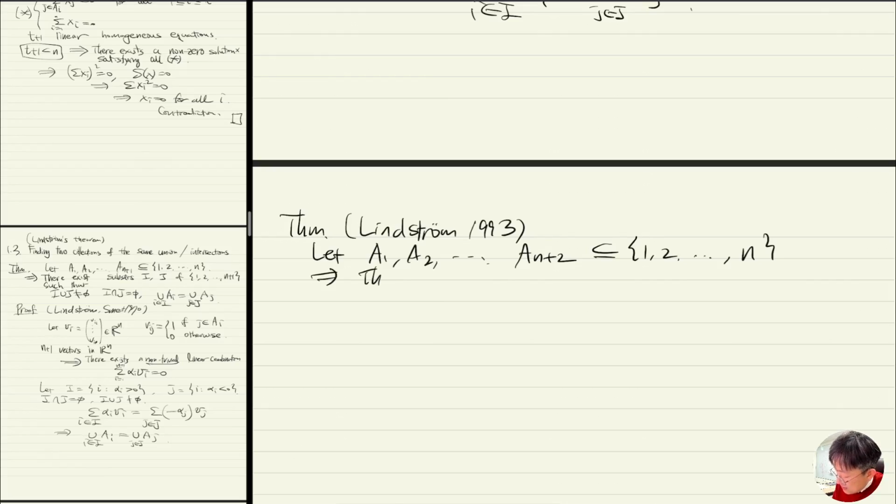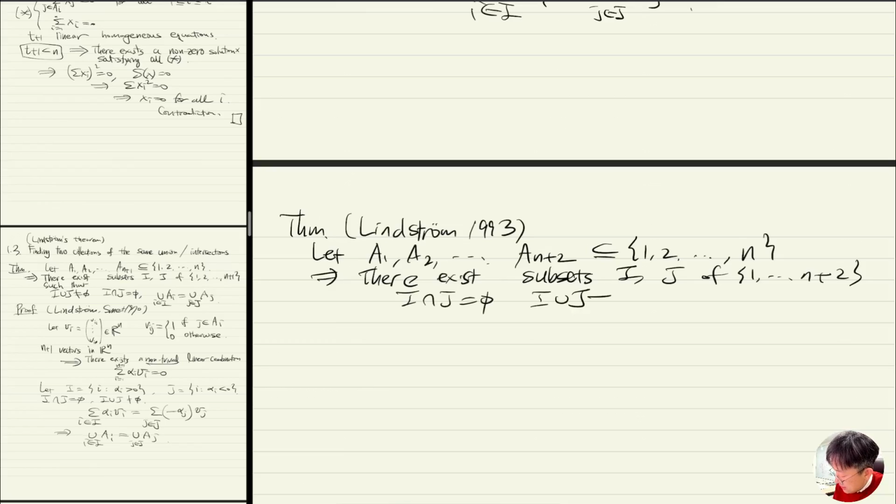Then there exist subsets I, j of 1 up to n plus 2 such that I intersection j is empty, I union j is non-empty, and the union of Ai over I is equal, so it's the same union and same intersections.